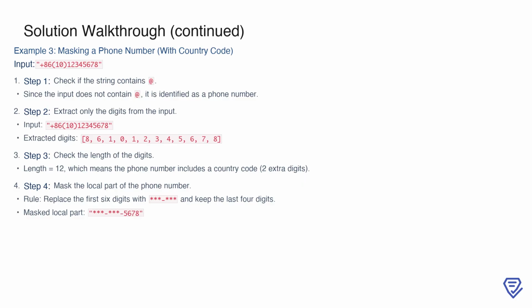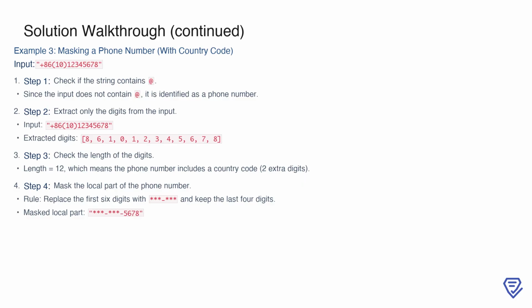In this case, the extracted digits are 8, 6, 1, 0, 1, 2, 3, 4, 5, 6, 7, 8. By checking the length of the digits, which is 12, we can see that the number has a country code, as it includes 2 extra digits. Following the masking rule for the local part, we replace the first 6 digits with 6 asterisks and keep the last 4 digits visible.